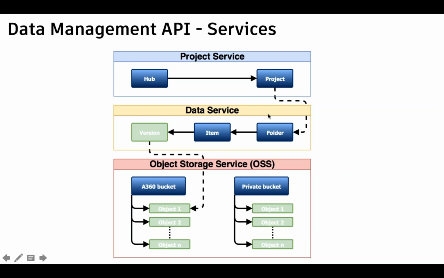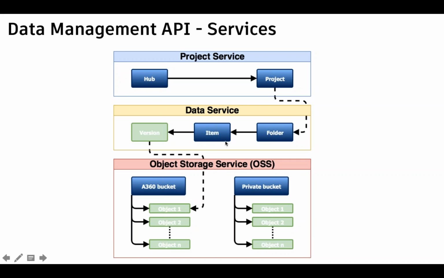Inside each project, we have one or several folders. Basically, we have a root folder, which is linked to the project, and inside this root folder, we can have items or subfolders. An item represents a file that you upload to the service, and this API also manages versioning.